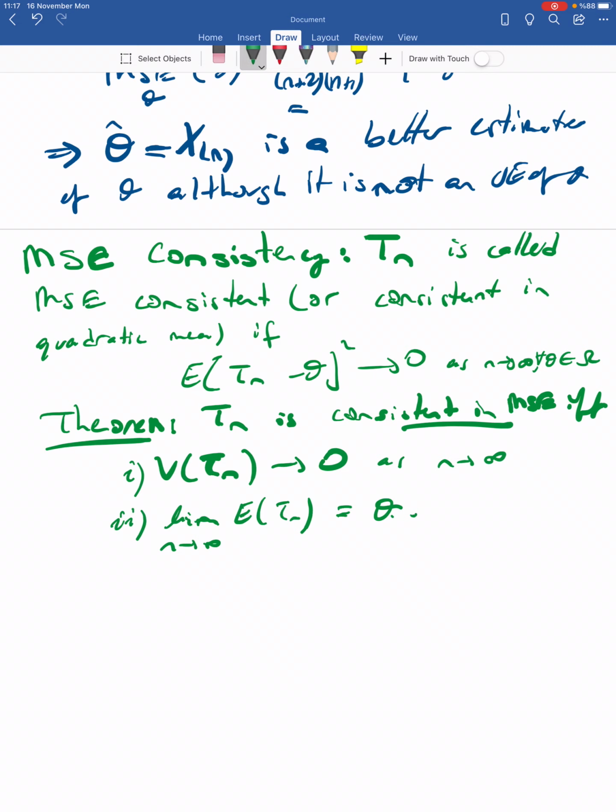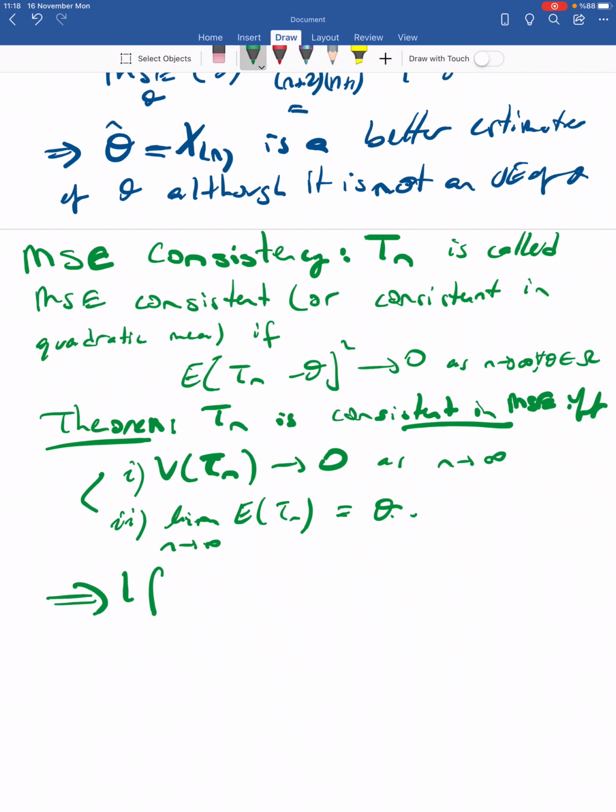But actually these two conditions are also true for the regular consistent estimator case, so basically we can use the same cases. So consistency in mean square also means that we have a consistent estimator.